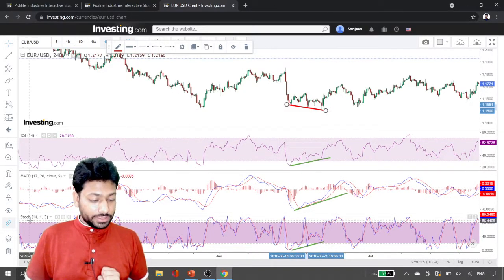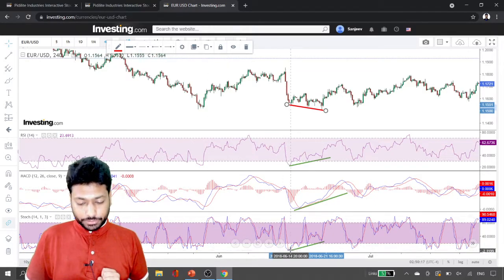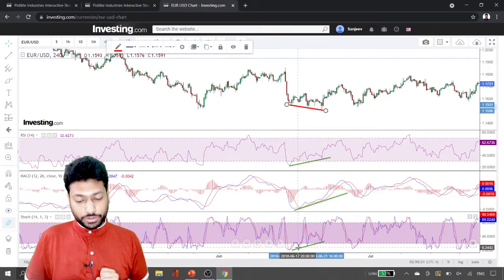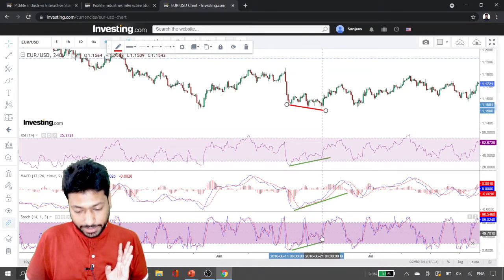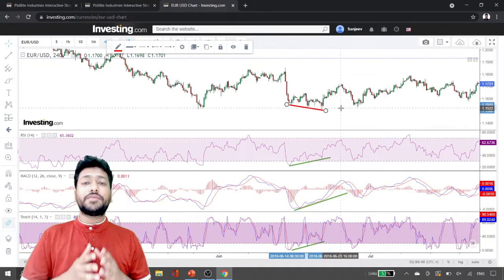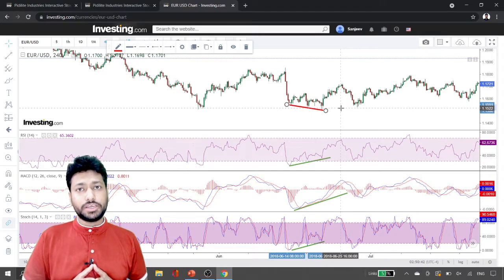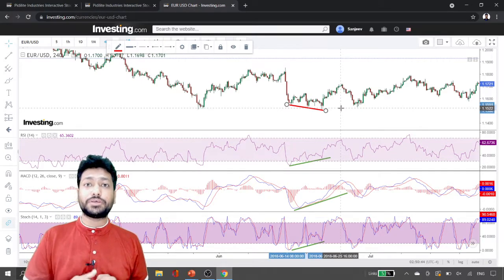Also, in the stochastic chart, whenever the blue line crosses over the red line, this also shows an upside trend. From here the blue line has crossed over the red line, and beyond this level the prices have increased. So divergence is an important concept in technical analysis.